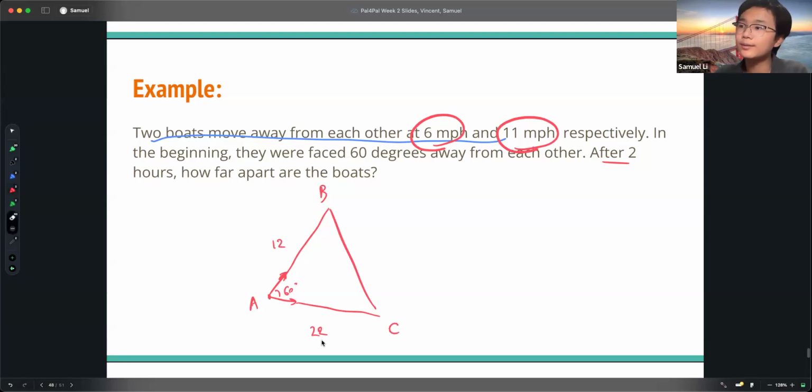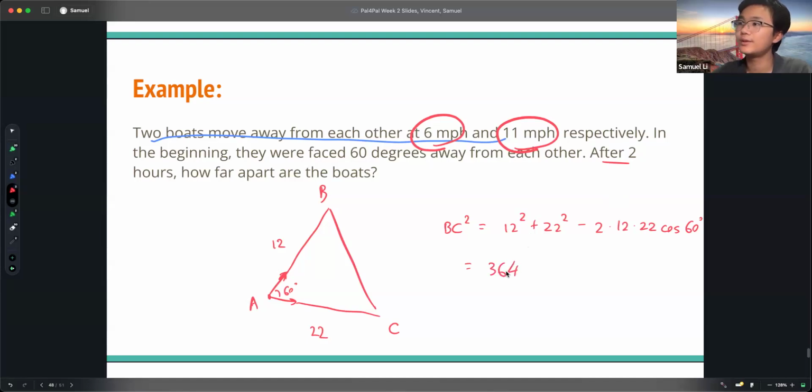So using law of cosines, we can get that the distance BC squared is equal to 12 squared plus 22 squared minus 2 times 12 times 22 times cosine of 60 degrees. So this right here is equal to 144 plus 484 minus 264.